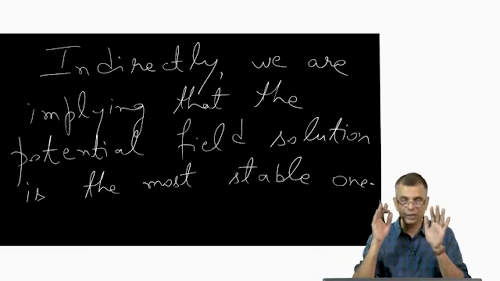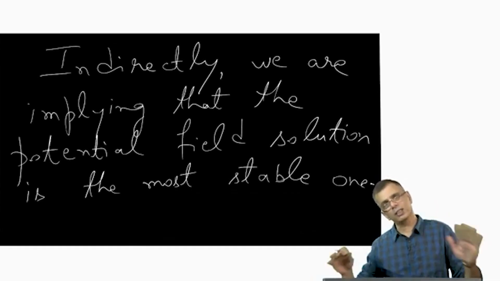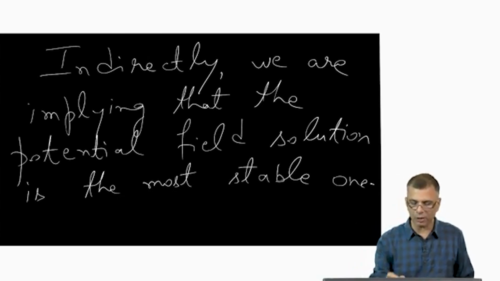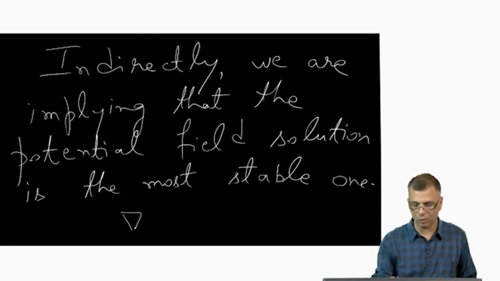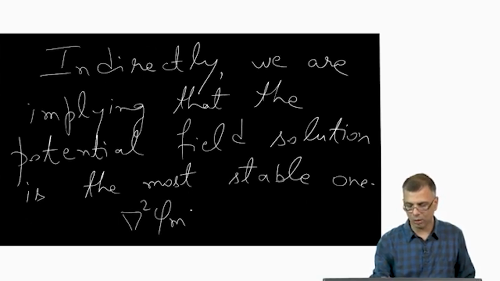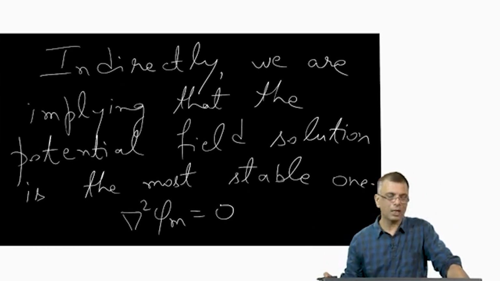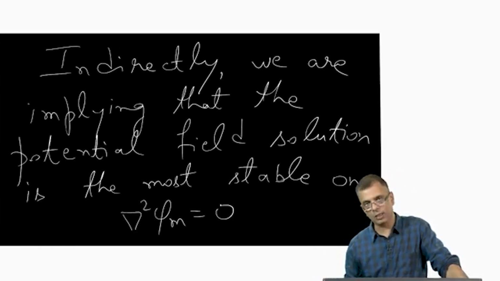Given a certain set of boundary conditions, of the various solutions that can satisfy those boundary conditions, the potential field solution, which is a solution to this, is the most stable one. This is the statement we are indirectly making.